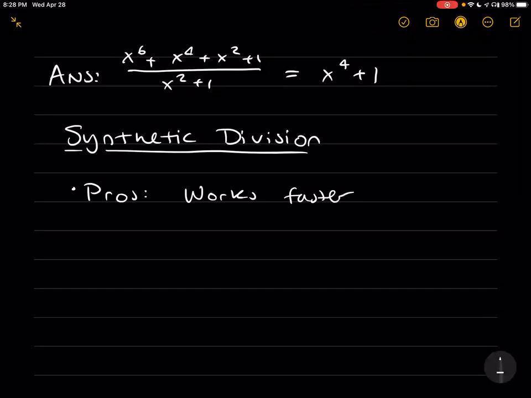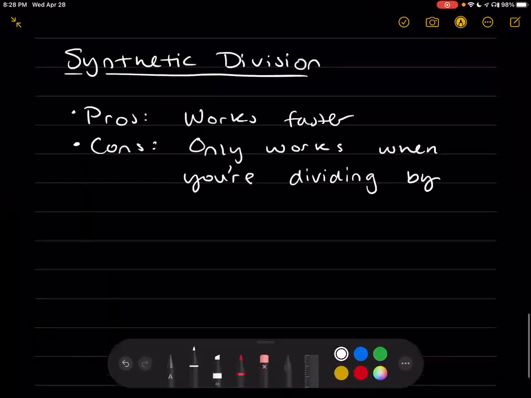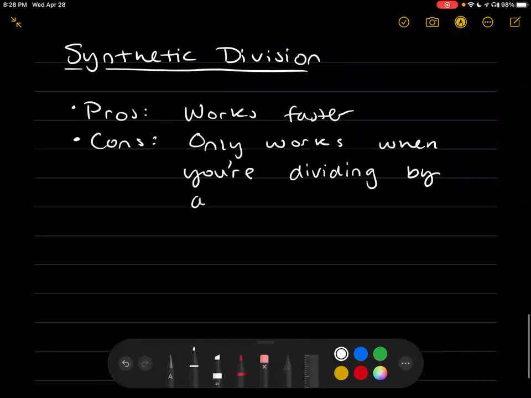It's very clean and neat. The cons is that it only works when you're dividing by a linear factor.